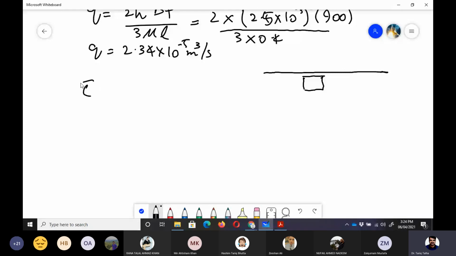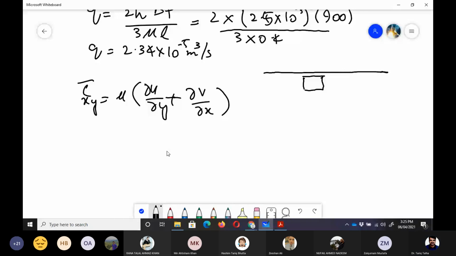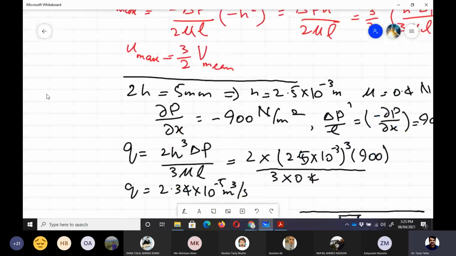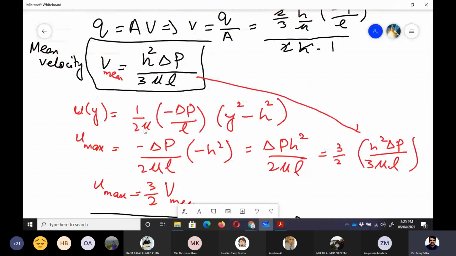If we want to calculate that, we know that tau xy is equal to mu into partial u by partial y plus partial v by partial x. Now we know how to calculate partial u by partial y in this case, because we know the formula for u: u is equal to 1 upon 2 mu into minus delta p by L into y square minus h square. If we take the differential of this equation, there would be 2y, right?